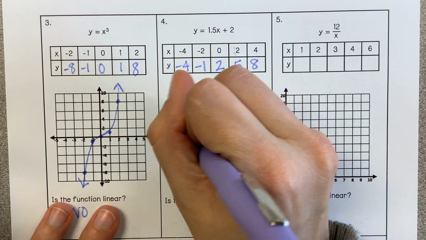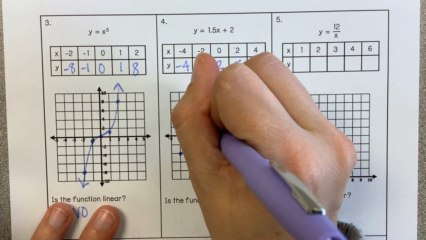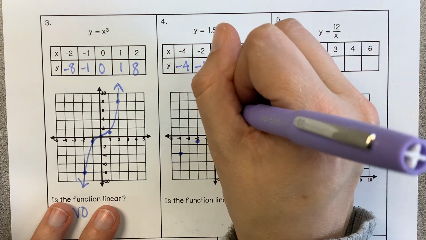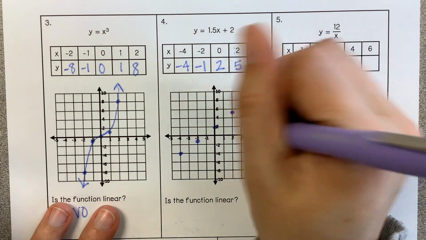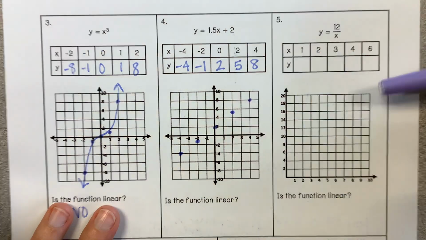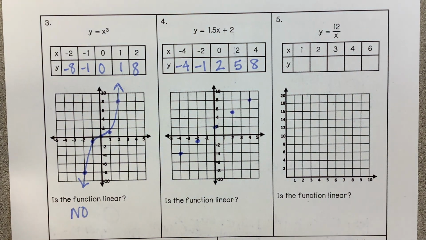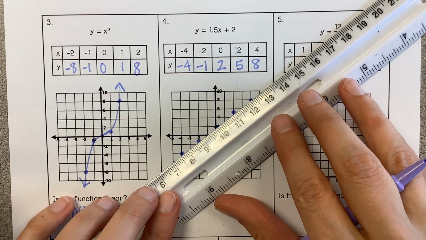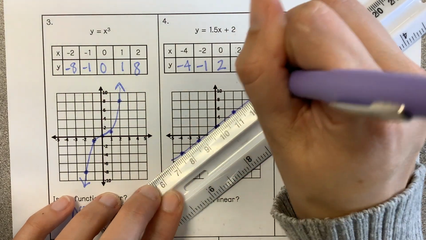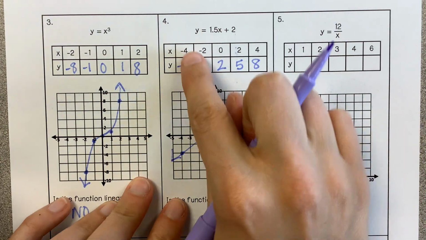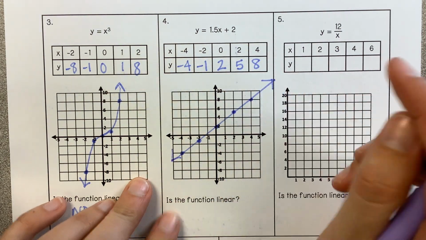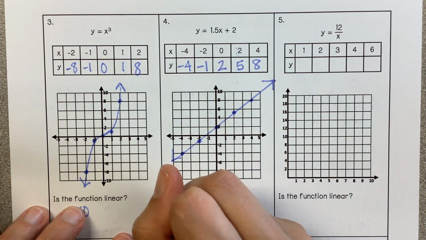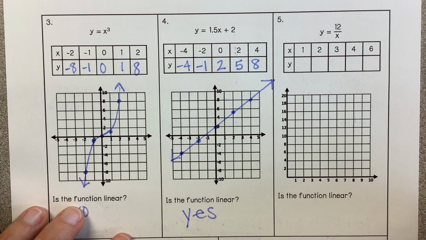Negative 2, negative 1. 0, 2. 2, 5, 4, 8. And it's kind of funky because the x and y axis have different increments, but if we connected these they would form a straight line, so that would be linear. And the ratio that we have here is going to be constant here. So yes, it is linear.